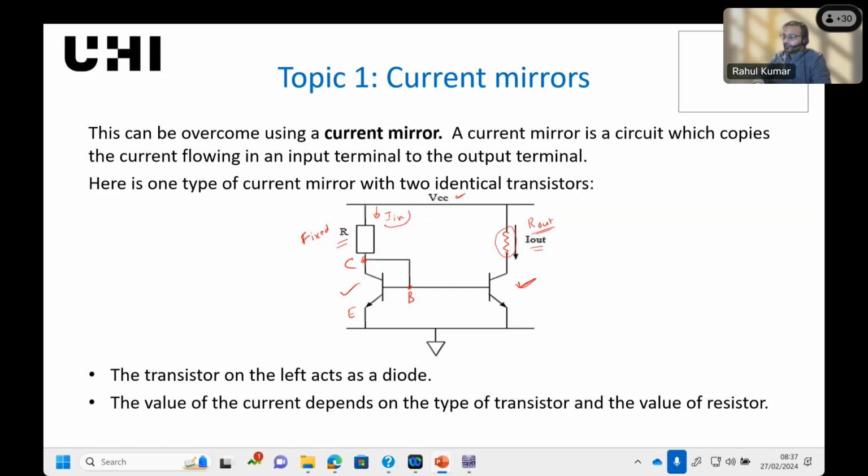Whatever the value of input current you are applying, the same value you will get in the output, right? And it will remain constant no matter what is the value of your output resistance.